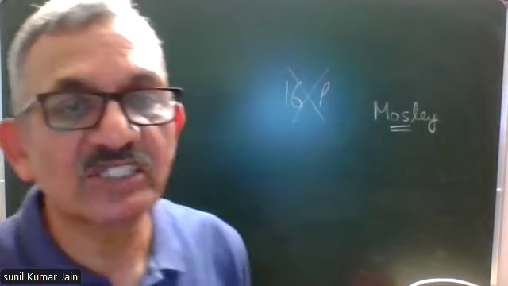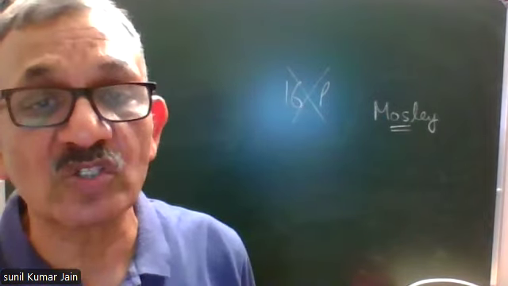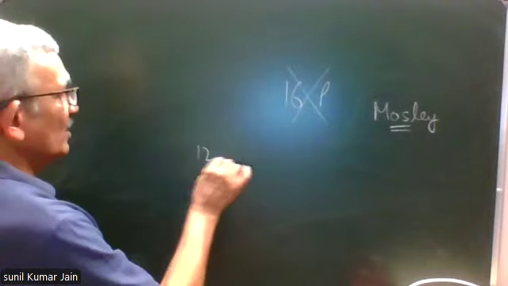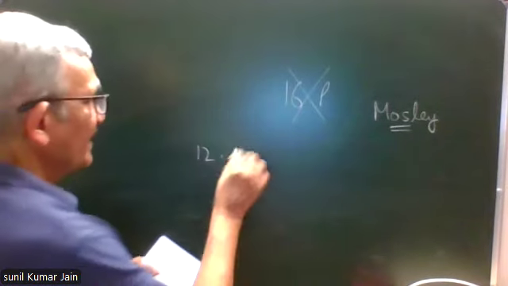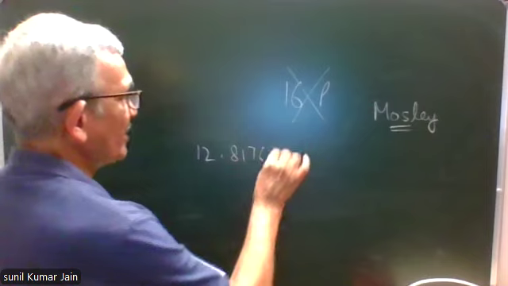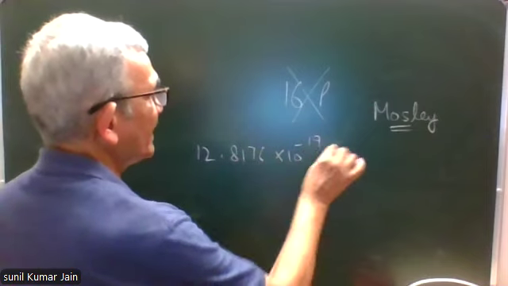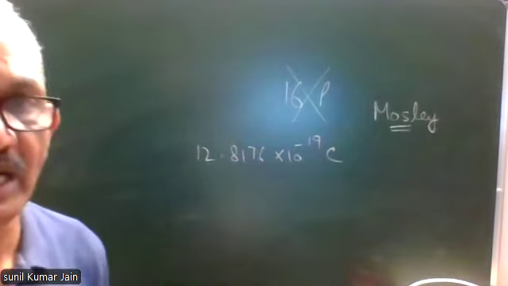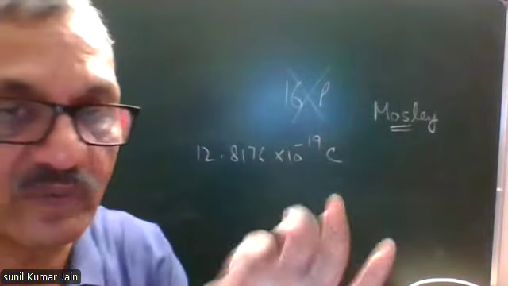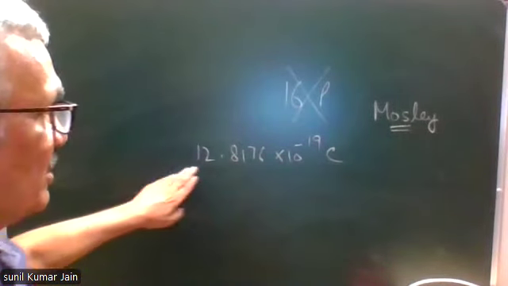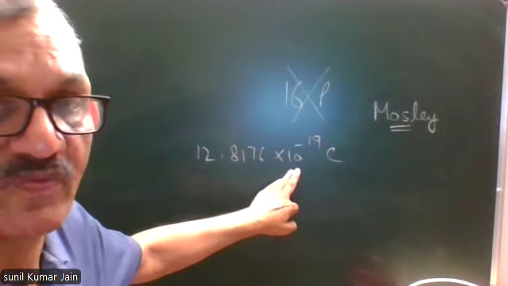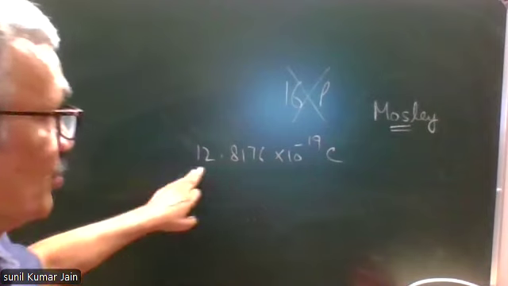He calculated that the charge on the nucleus of an oxygen atom is 12.8176 into 10 to the power minus 19 coulombs.